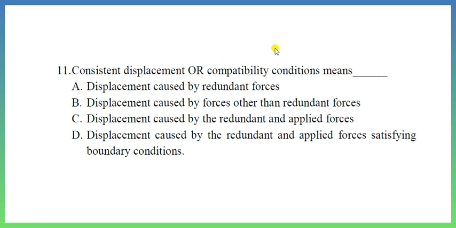So for the compatibility condition or consistent displacement, it means displacement caused by the redundant and applied forces satisfying the boundary condition. So option D is the correct answer for this question.